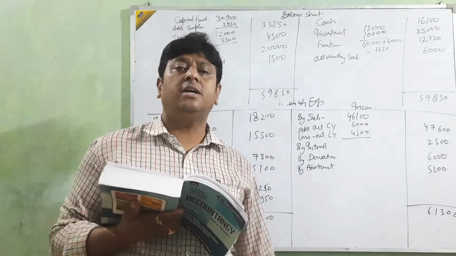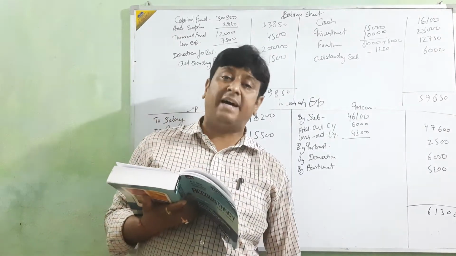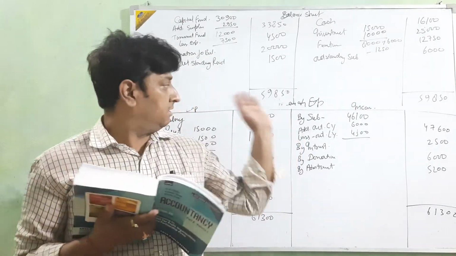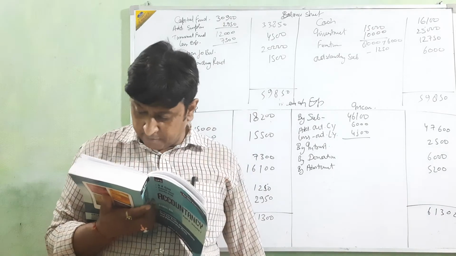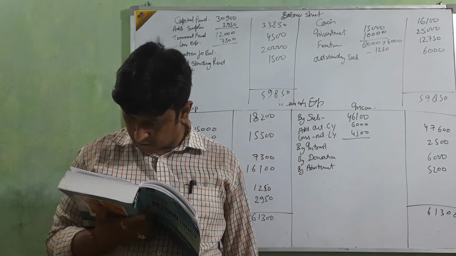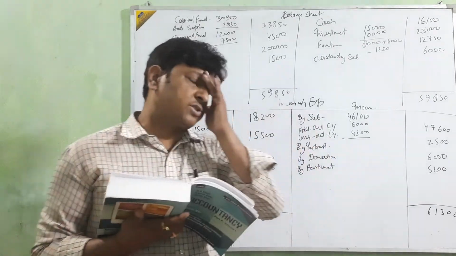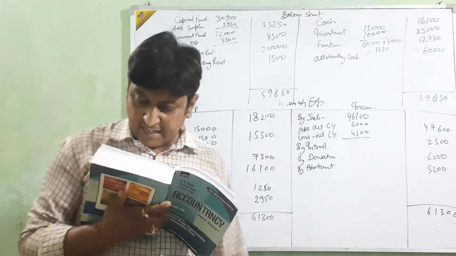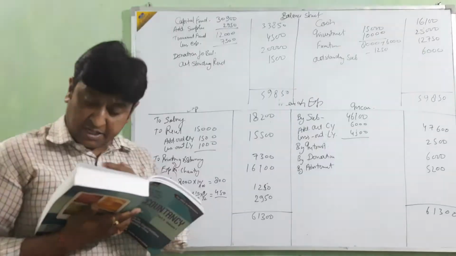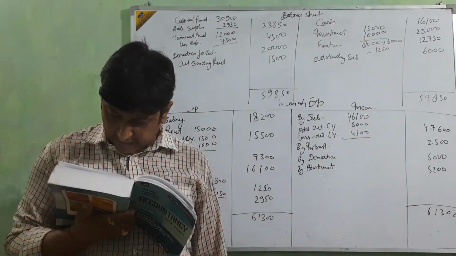Life membership fee goes in the balance sheet, beta. Come to the expense side. Salary, very easy. Rent, if any outstanding, in rent no outstanding. Okay, directly on the expense side. Then stationery, on the expense side, and 250 is outstanding of stationery.